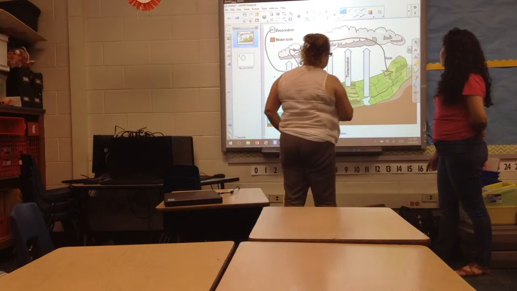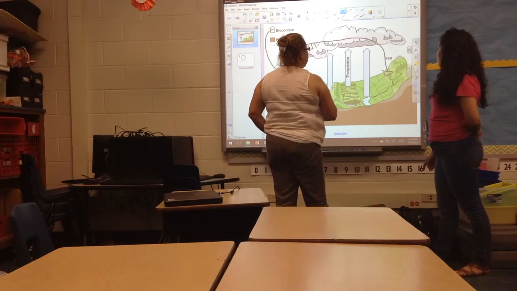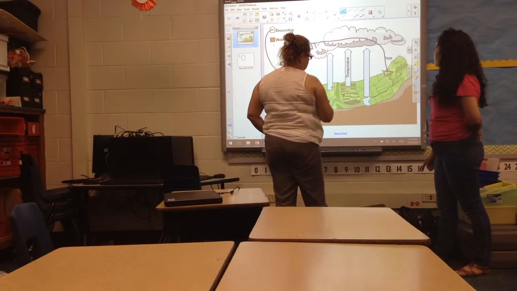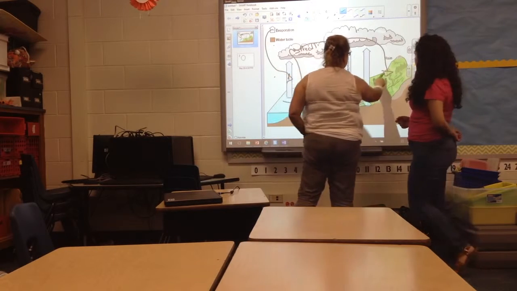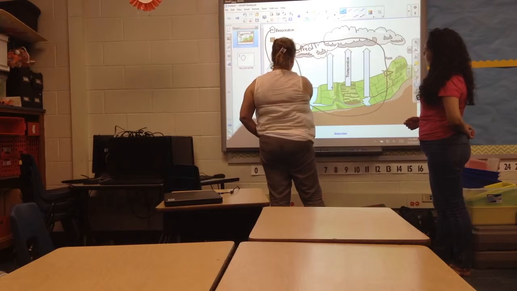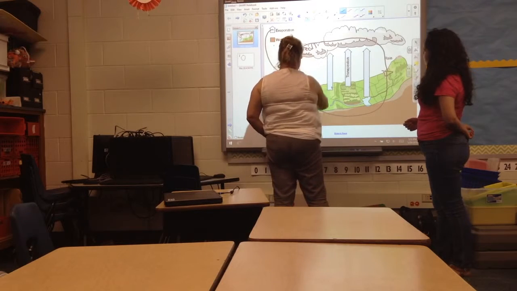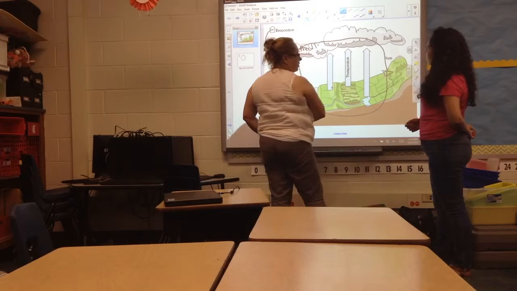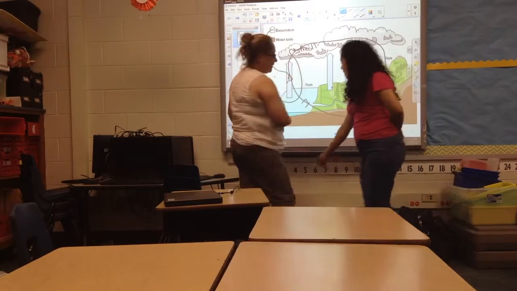That could be snow, rain, sleet, and hail. And then it starts again with evaporation, with the water that comes down. Precipitation is why we call this the water cycle. Good job.